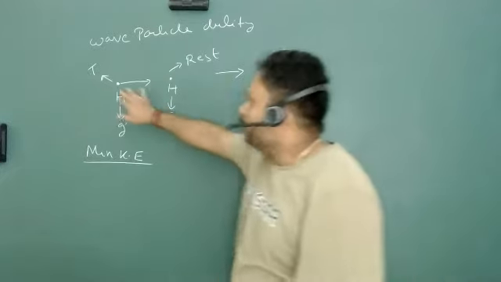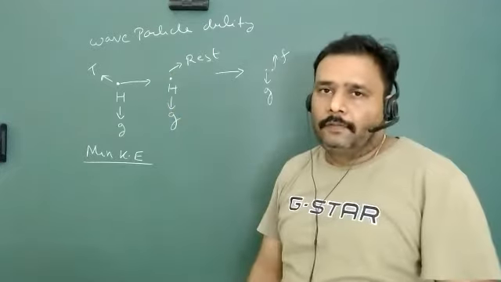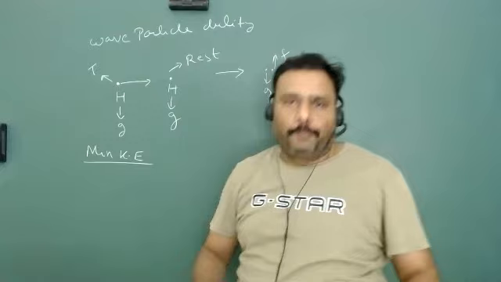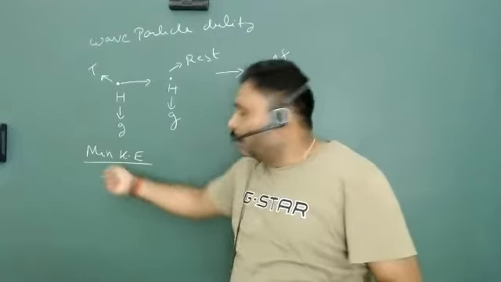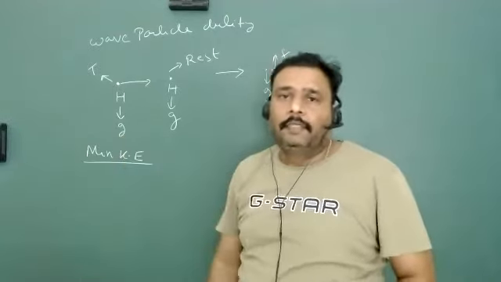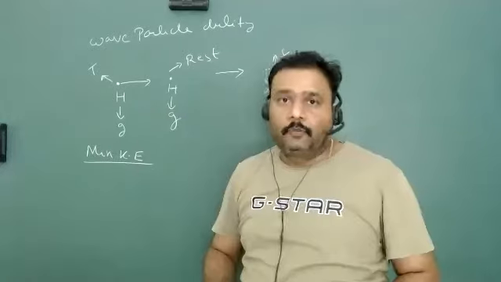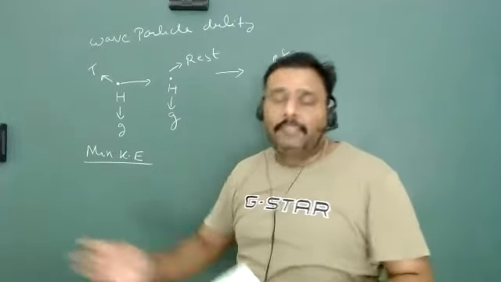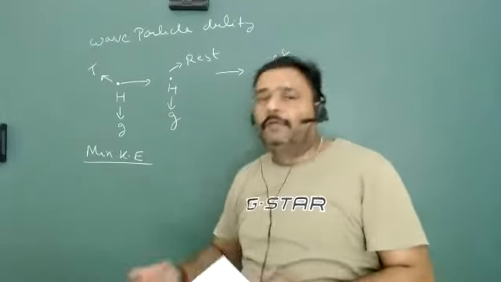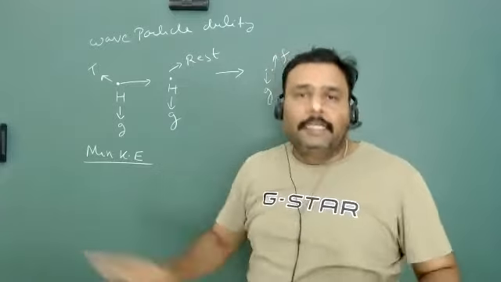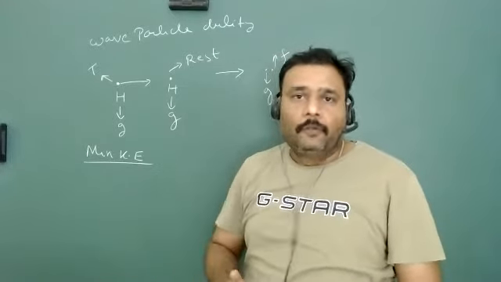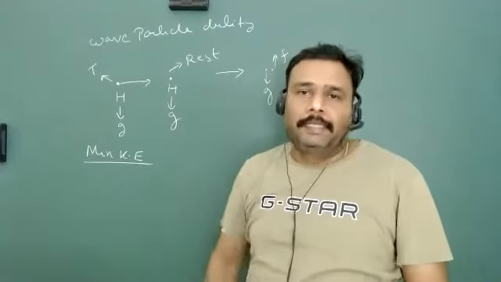It means that after the collision, there can be n number of possibilities, depending on the kinetic energy. Two can move in opposite directions, two can move in the same direction, with different momentum. All these situations can happen. But what is the minimum kinetic energy?